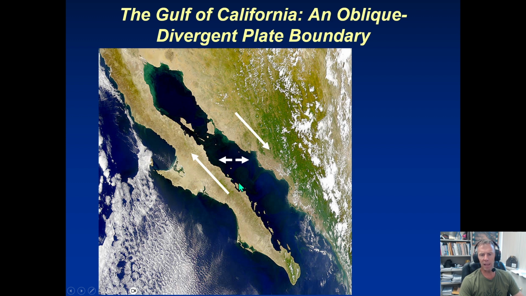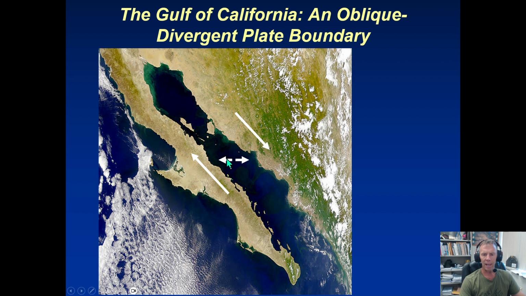But in addition to that, the other thing going on is that the plates are spreading apart. So there's an extensional component of motion as well. It's not just sideways. It's like you sliding your hands past each other, but then also moving them apart a little bit over time. And so there's a sort of scissor type motion.